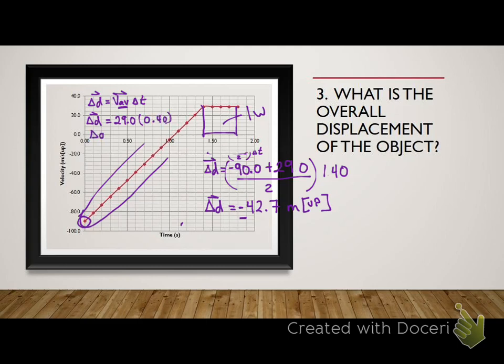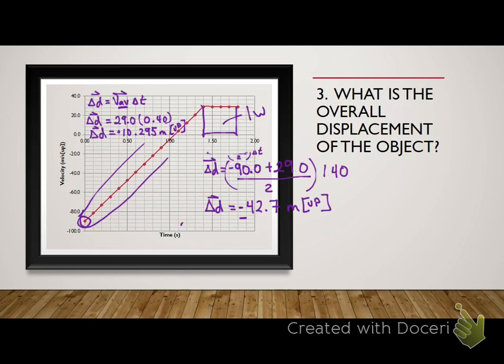So then we know that displacement is going to equal 10.295 meters. Again, that's positive, so then we know that that is up. So now we have two different directions. We have positive 10.295 meters up, and then we also have our negative displacement, which was 42.7 meters up, which really means we're going down.